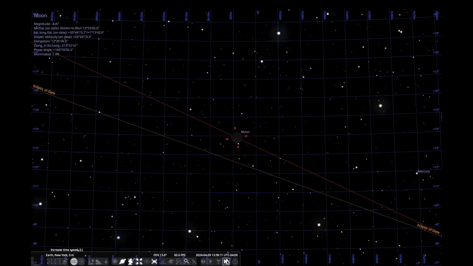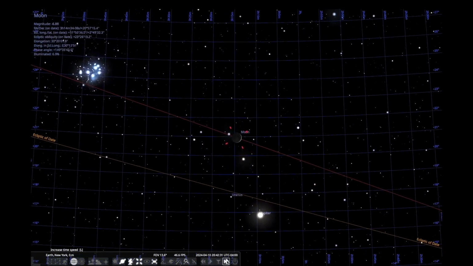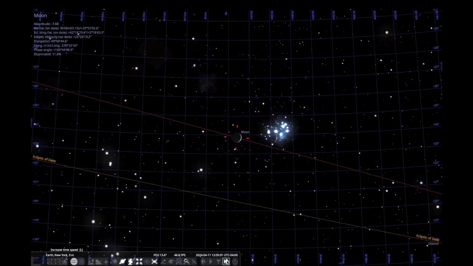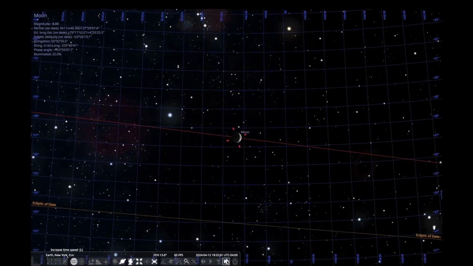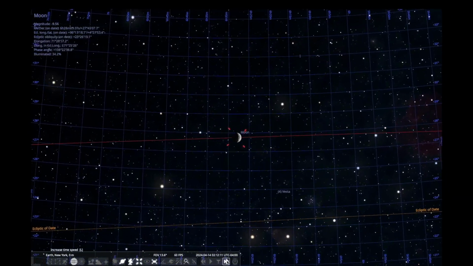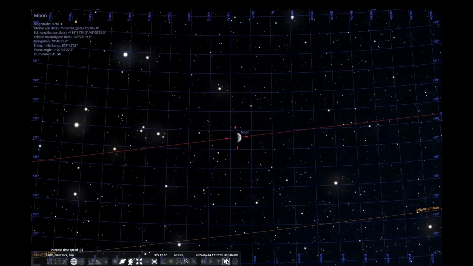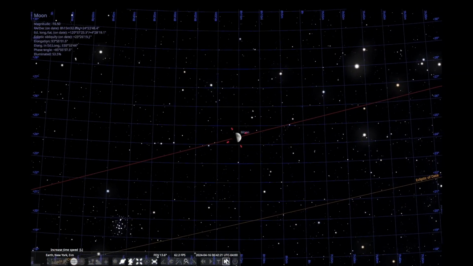Anyway, so the moon is traveling on its red line, which is the path that the moon takes around the Earth. That is the orbital path around the Earth. And the ecliptic is the orange line, which is the path that the sun takes, which is actually the Earth's path around the sun. So as the moon goes around, we see the phases.